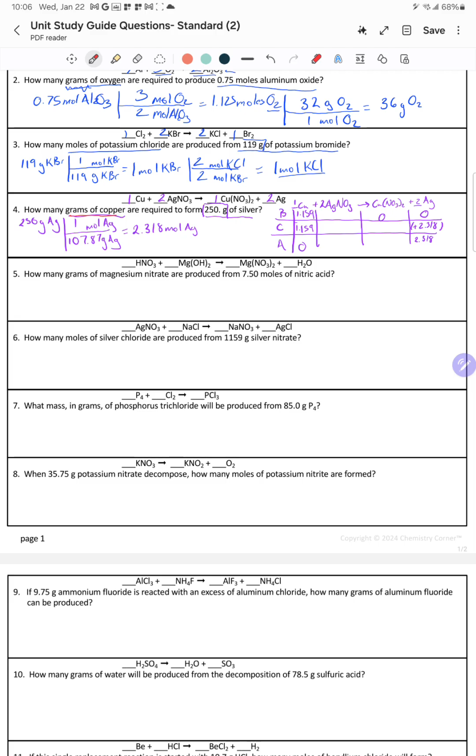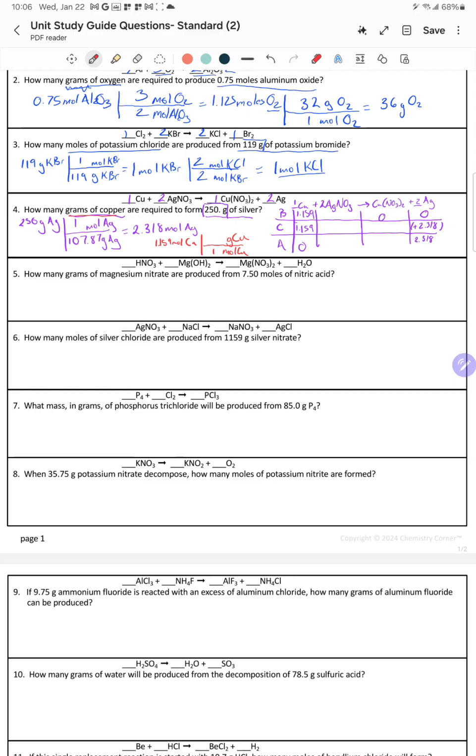So we go back and we say, okay, cool, I'm starting with 1.159 moles of copper, and I'm converting it into grams of copper from moles of copper. And we do grams to moles. Moles is always 1 because we're always comparing to 1 mole.